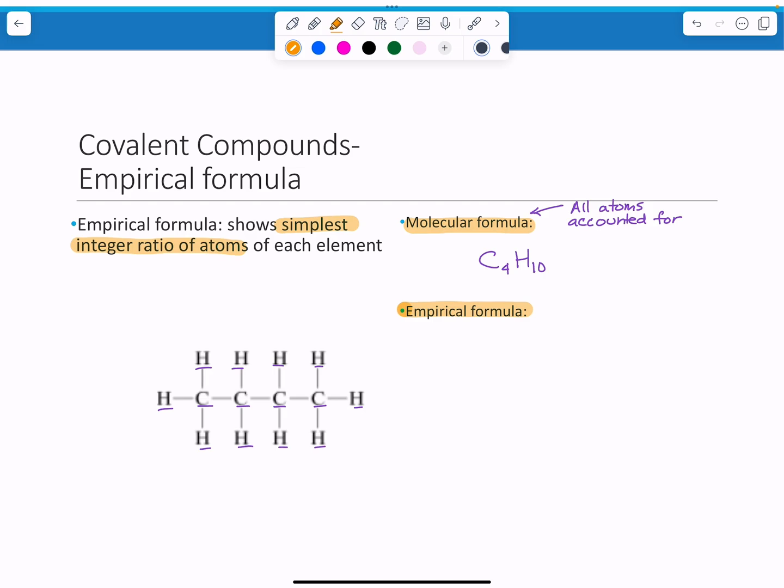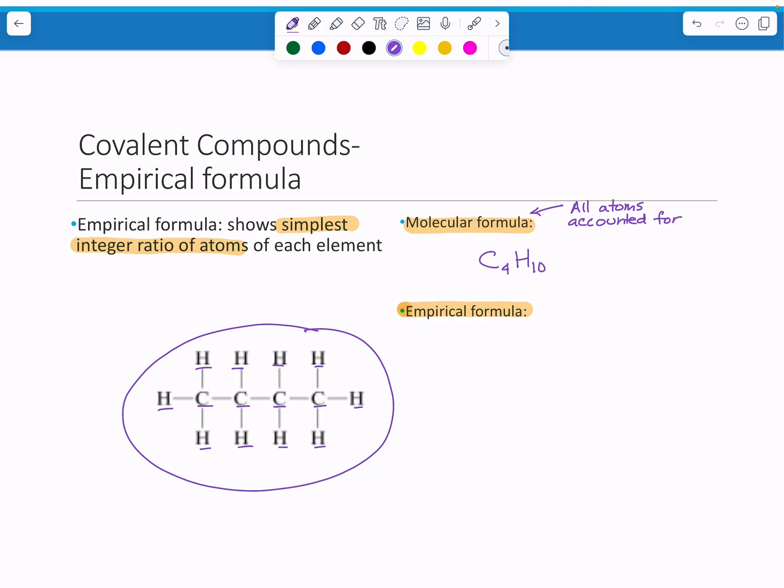The empirical formula reflects this: if I took a sample of this material and figured out how much carbon and how much hydrogen there was on a relative basis, what would I find?